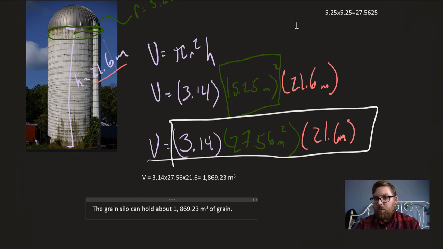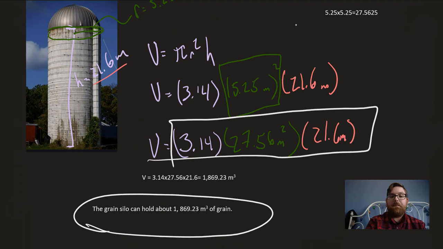The really important thing with these word answers is they don't need to be a lot. It needs to explain what the number is and what it represents, so that when somebody is looking at your work, they know what it's for. That is the whole purpose of it. In mathematics, you are actually communicating your work and what you're doing, so make sure that you take time for that. And then finally, let's circle my answer.